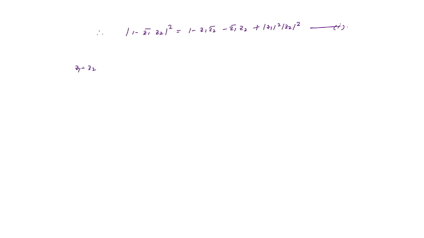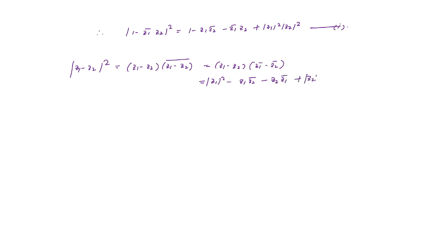So this value equals (z1 minus z2) multiplied by its conjugate, that means (z1 minus z2) multiplied by (z1 conjugate minus z2 conjugate). So obviously this value is mod z1 square minus z1 z2 conjugate minus z2 z1 conjugate plus mod z2 square. So this is basically Roman 2.